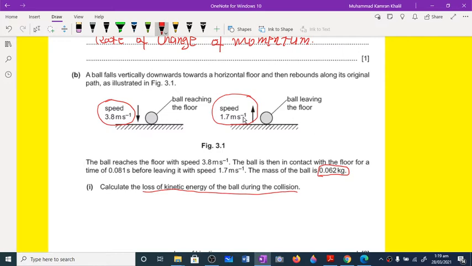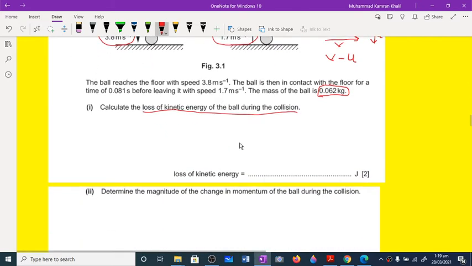Always remember that when two objects are moving in the same direction, the relative velocity is calculated by subtracting them, and if the objects are moving in opposite directions then the relative velocity is calculated by adding them.